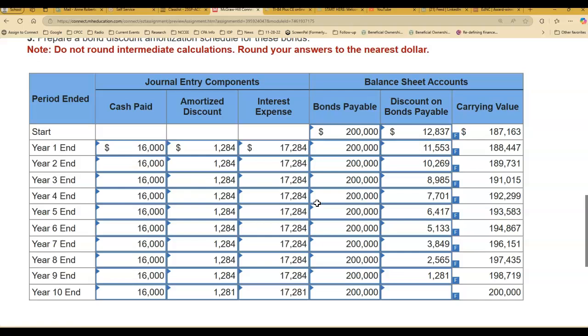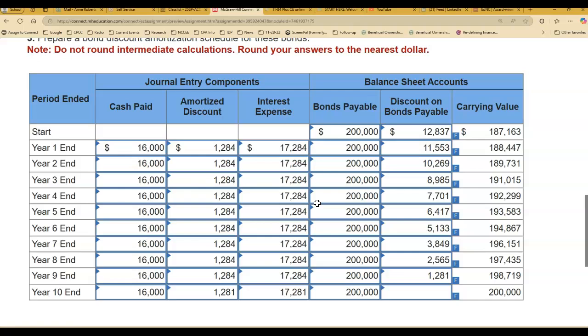So you've got cash paid. Remember, that doesn't change. Face value times stated interest rate gets us the cash payment. So notice, that's the exact same thing every single year. When we issue, that's the first column, all right?